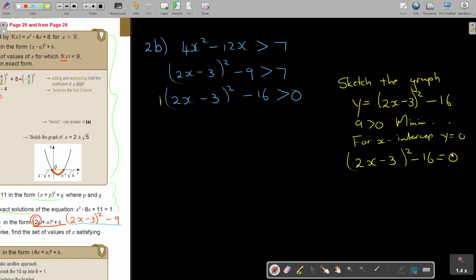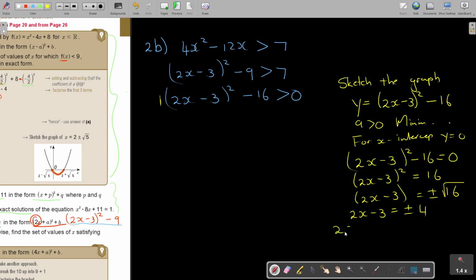Okay, and then it's 2x minus 3 squared is equal to 16. So 2x minus 3 equals plus minus square root of 16. So it's 2x minus 3 equals plus minus 4. That's nice. So 2x minus 3 equals 4. I'm doing it long. 2x minus 3 equals negative 4.